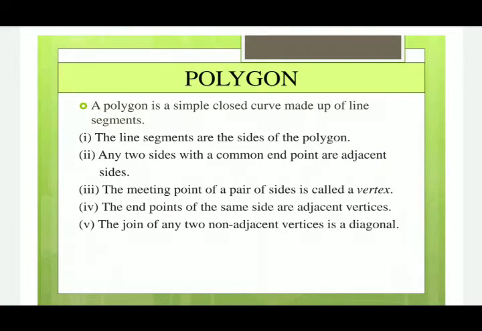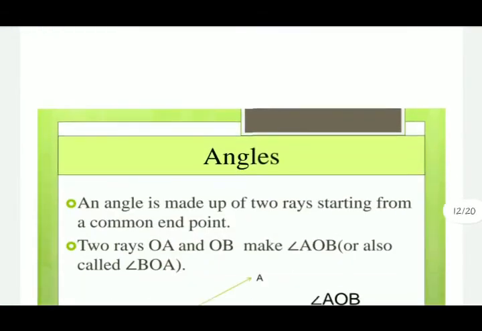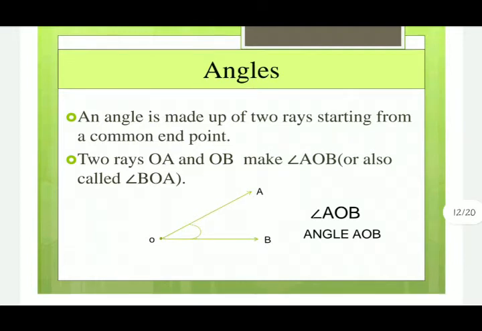Now next is angles. An angle is made up of two rays starting from a common end point. Two rays OA and OB make angle AOB, or also called angle BOA. So while you are naming this angle, you can name it in two ways, that is angle AOB and angle BOA.